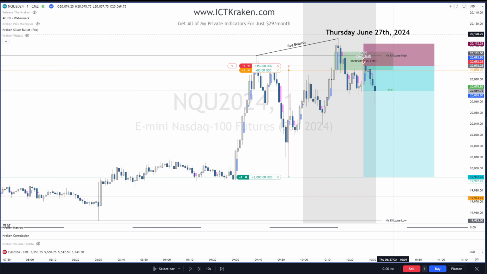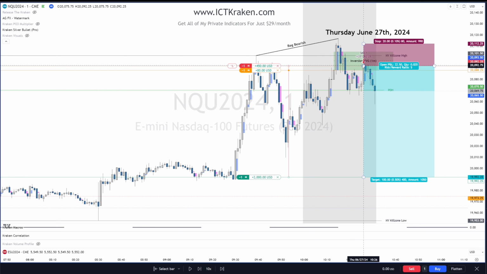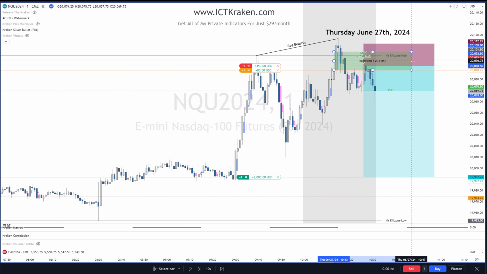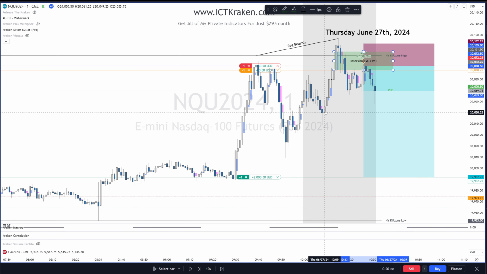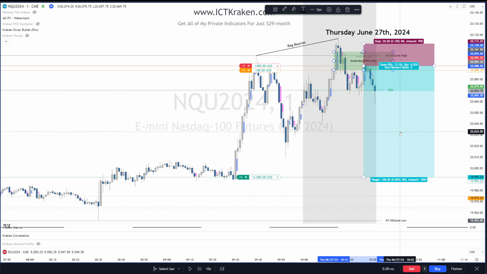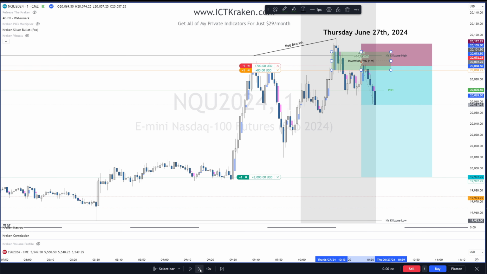I don't want it to come out and take me out right away. I'd rather take a break even trade like it never happened, and move on and wait for this breaker to be taken. So ideally, and if we have enough room, and if we take a breaker and come back up, I'll take another trade.